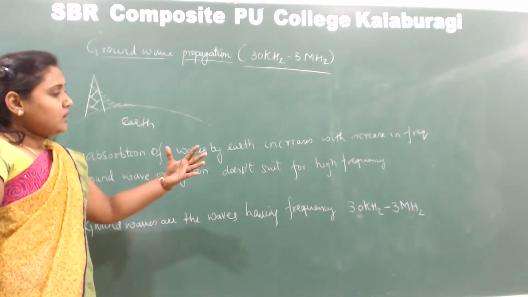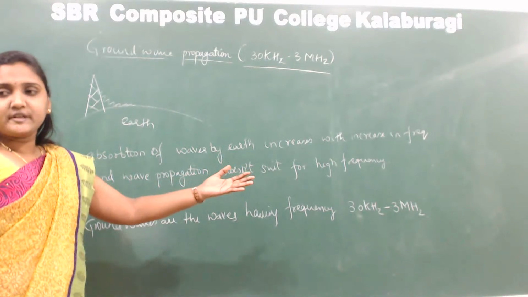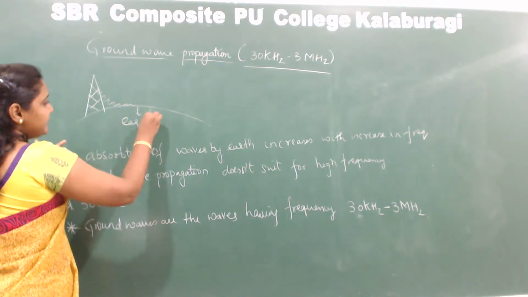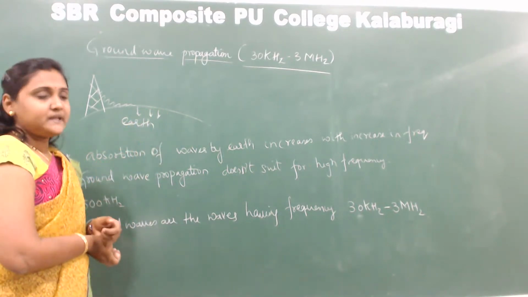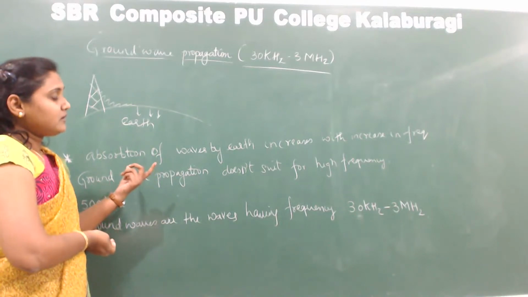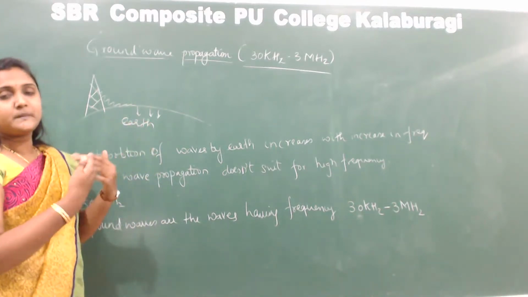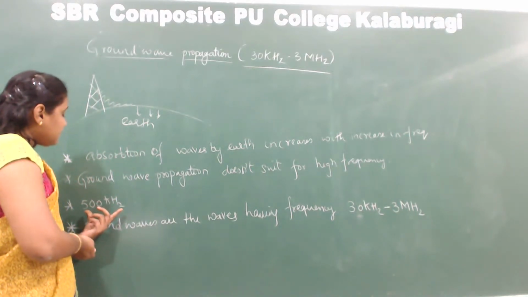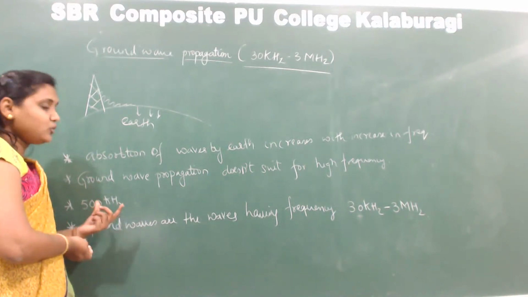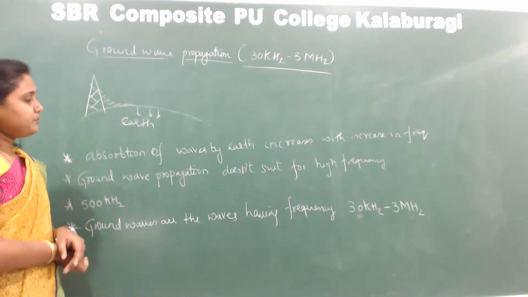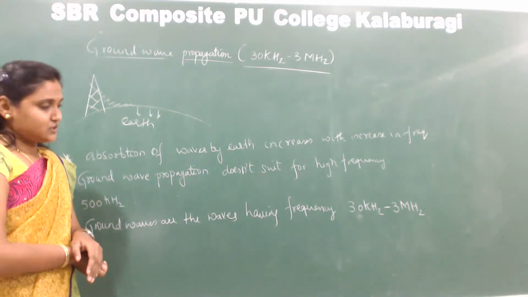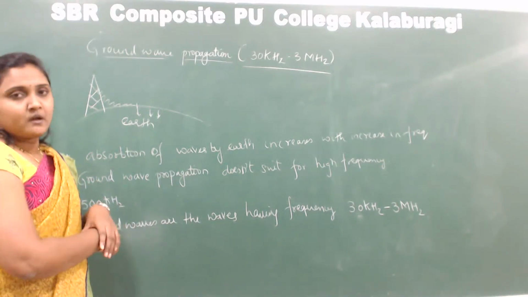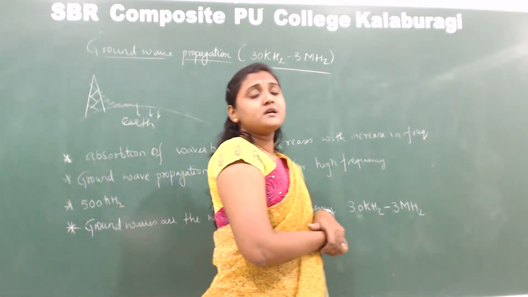The frequencies above 3 megahertz will be completely absorbed by the earth. For higher frequencies, the earth simply absorbs all the signals. So the signals have to be considered near about 500 kilohertz for the best communication up to some distance. Again, distance is a restriction in ground wave propagation.